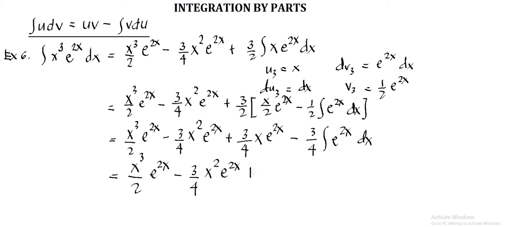And then plus 3/4 x e to the 2x. And then minus 3/4 integral of e to the 2x dx is 1/2 e to the 2x, and then plus c, no?